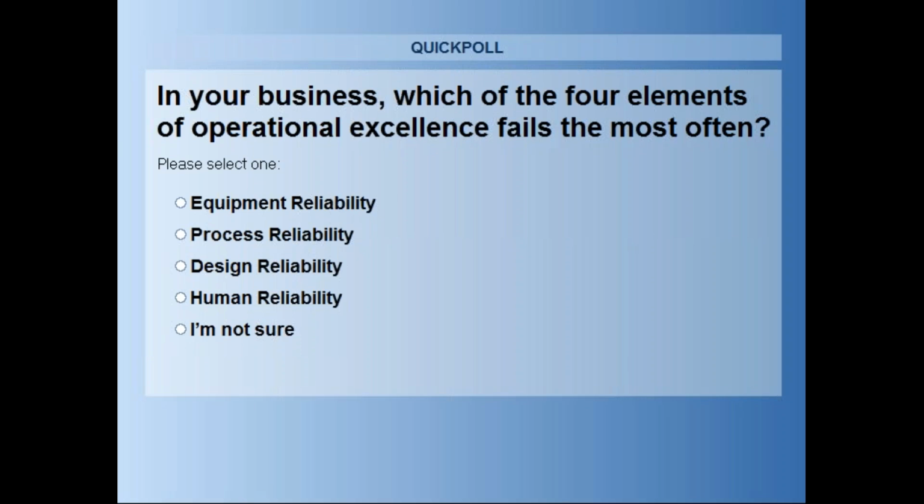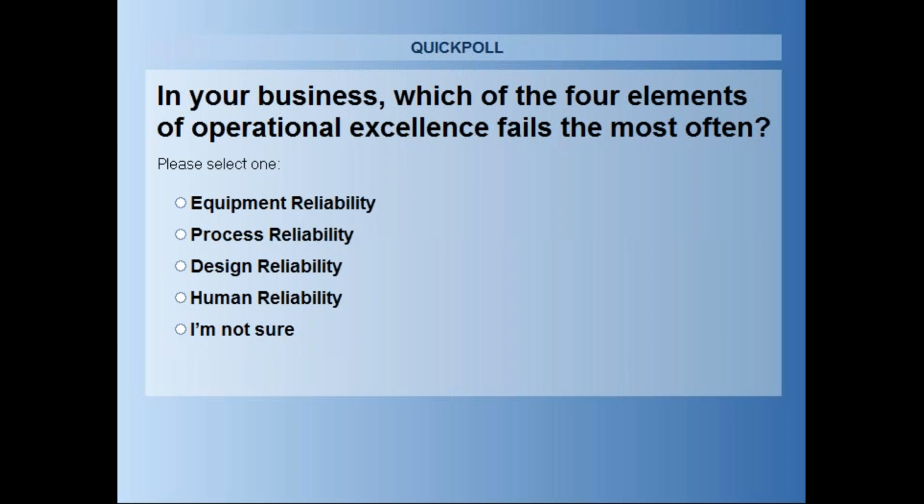And again, is it equipment reliability, process, design, human reliability, or perhaps you don't know? And these will only be shared in aggregate, so please let us know your thought. It helps identify what Dan should focus on in today's call.